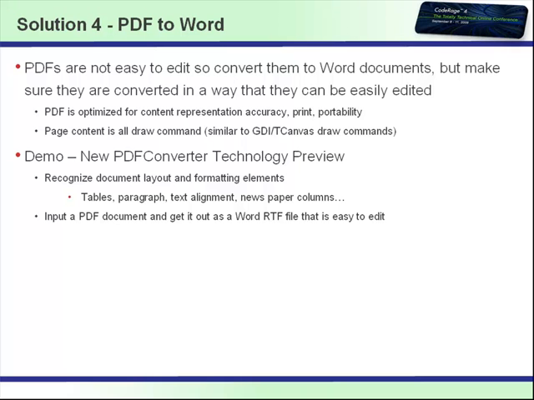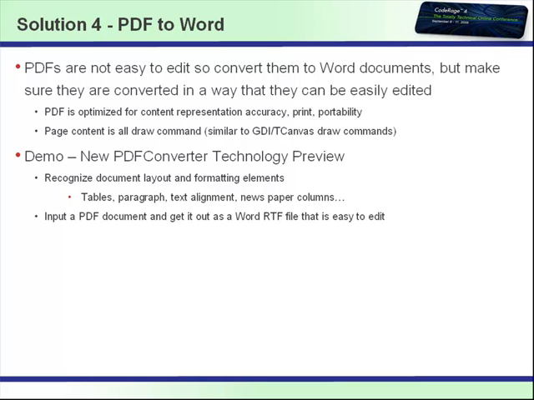So when you have to convert a PDF document to a Word document, it's not at all easy, because you want to make sure that what the user would recognize as a table is all lines and text in the PDF document.